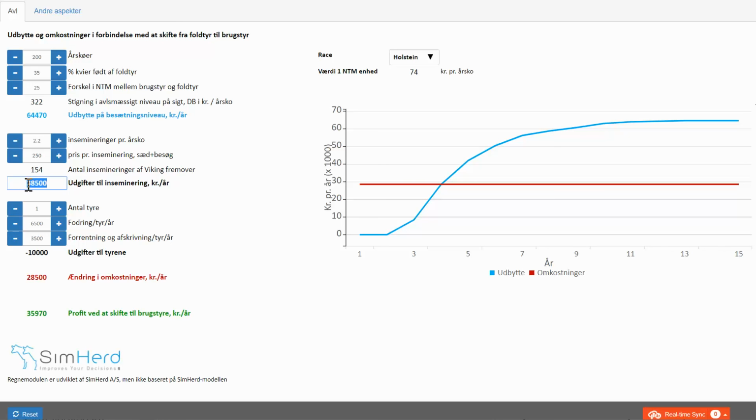So these are the expenses for insemination. They will increase, of course. So the cost will increase if you start breeding.